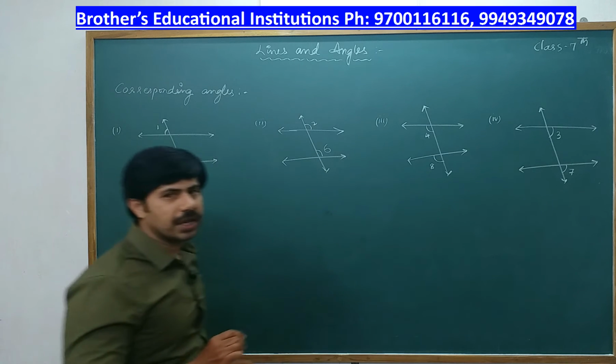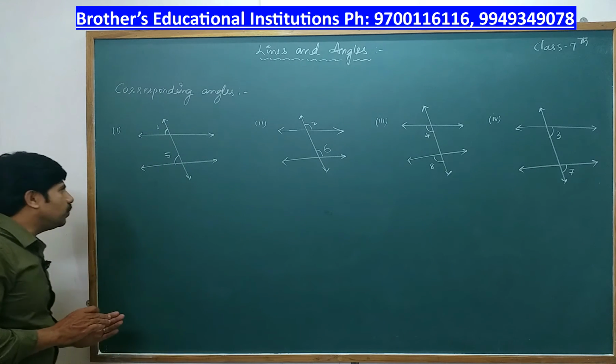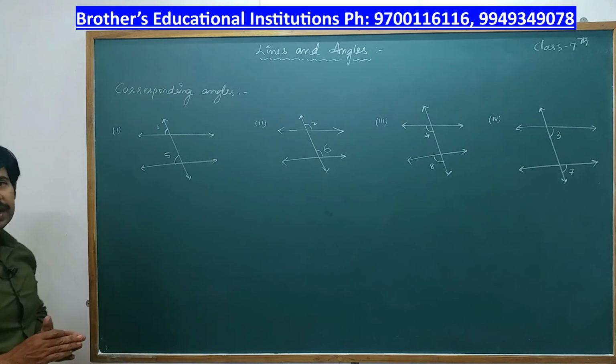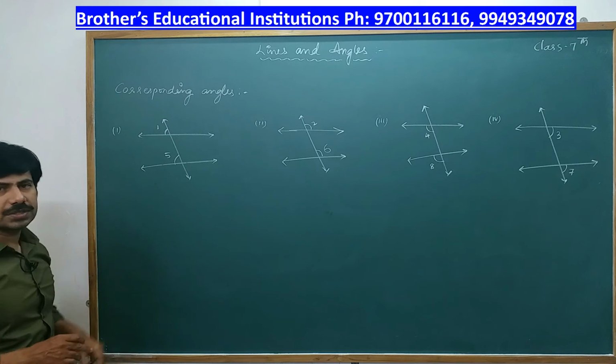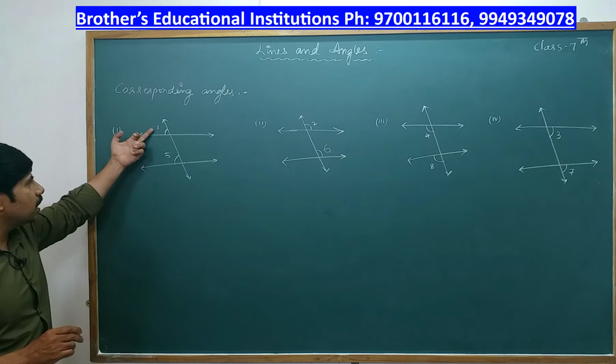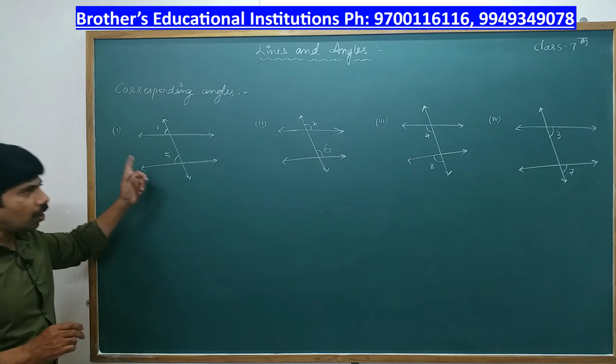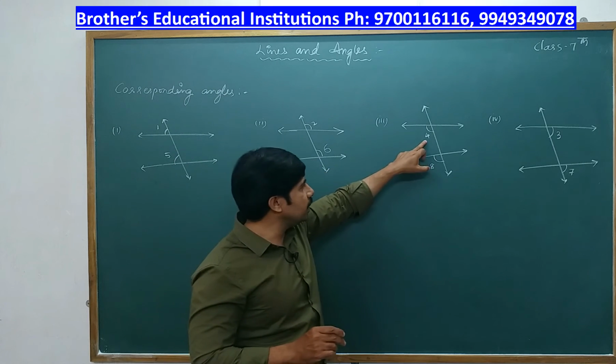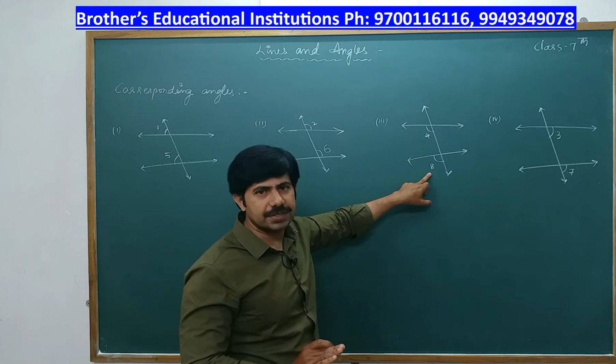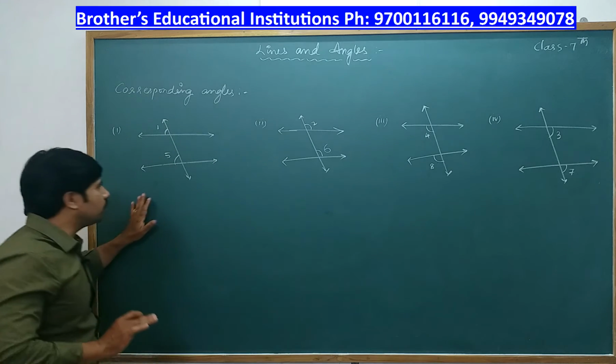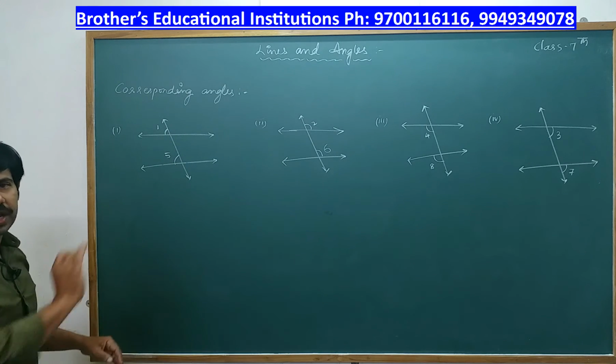What are corresponding angles? The angles which are on the same side of a transversal, one is exterior and one is interior, or one is interior, the other one is exterior.